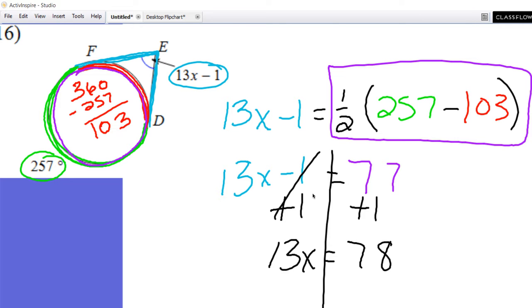Last thing we do is divide by 13. We cancel those out and we're left with x equals 6. Again, guys, if you have any questions, make sure you're writing them down. We're going to move to our next example.